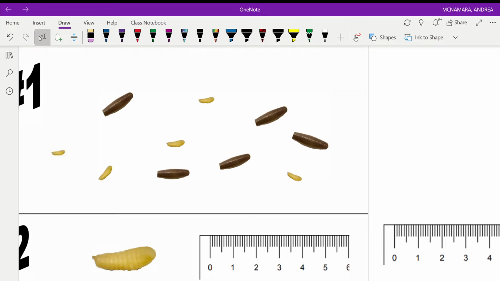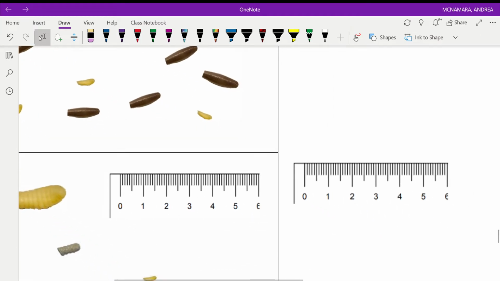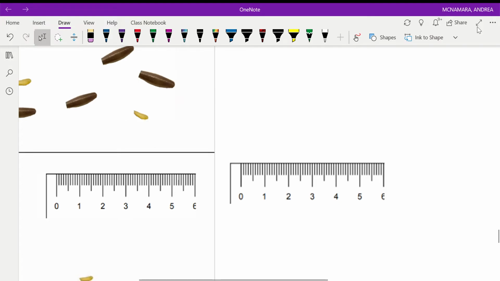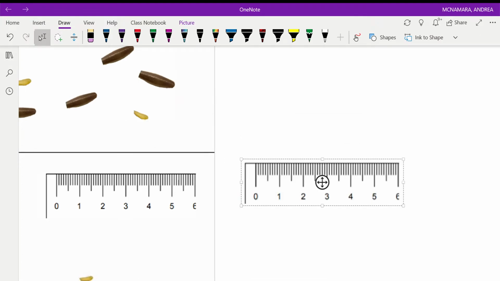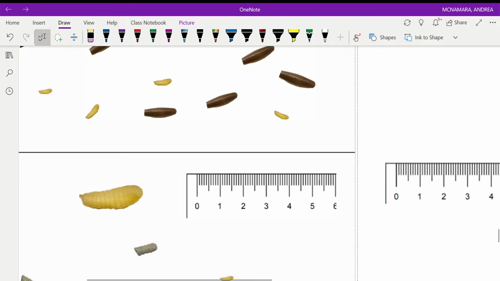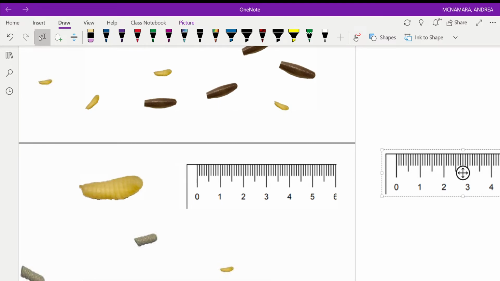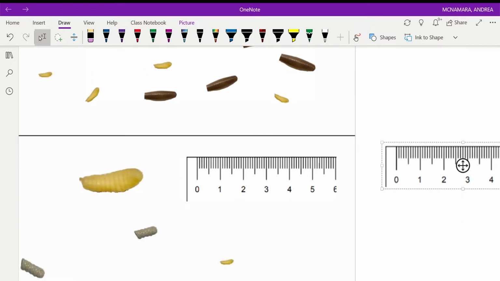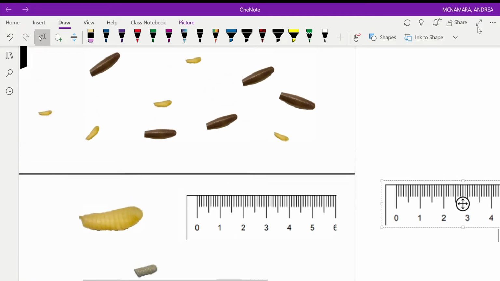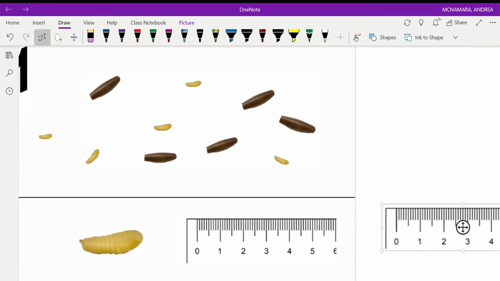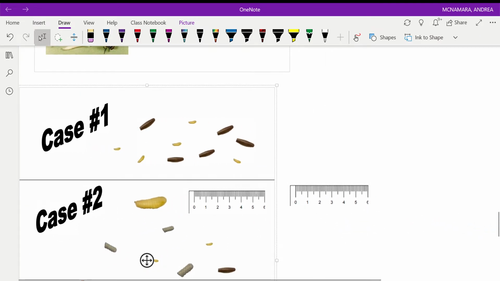If you don't have that kind of a ruler at home, I gave you one over here that you can print. What I would suggest is to just print this page, and then everything will print in the right size and scale, and you can cut out the ruler and actually measure the larvae as you need to, okay?